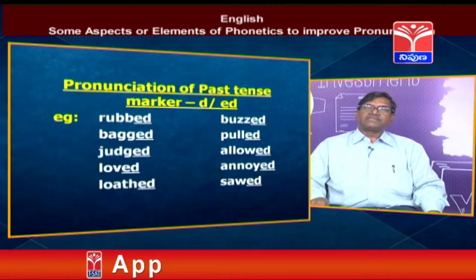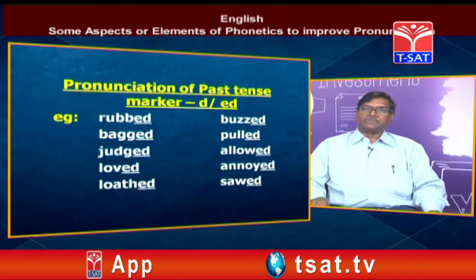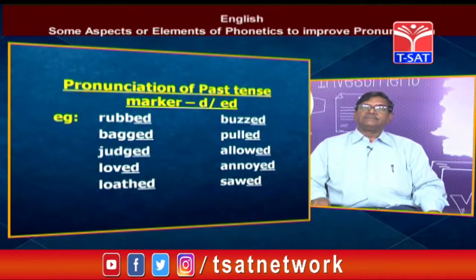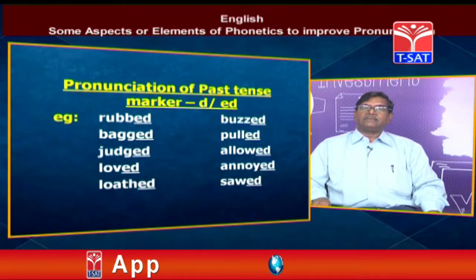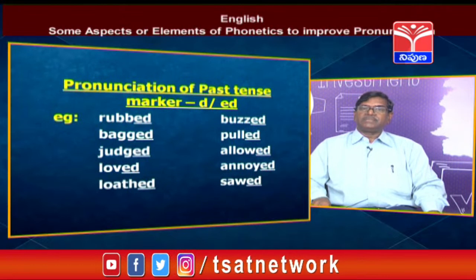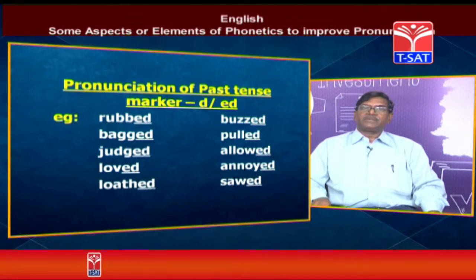If the present tense ends in any voiced sound, including vowel sounds, other than d, the past tense marker is pronounced as d. For instance, rub, rubbed, bag, bagged, judge, judged, love, loved, loathe, loathed, buzz, buzzed, pull, pulled. In all these cases, the present tense ends with a voiced sound.